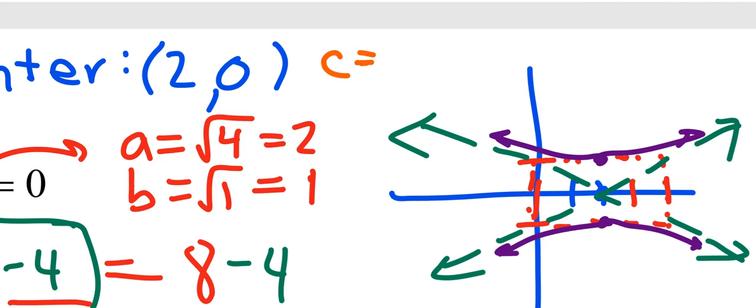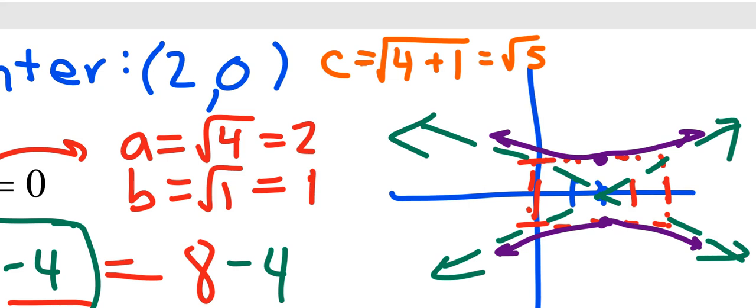Okay, so c equals. All right, what do we do with a squared and b squared? We add them, don't we? We do for a hyperbola because we want to go outside the box. We subtract for the ellipse because we want to go inside the box. Okay, so we know it's the square root of 5. What are we going to do with that distance?